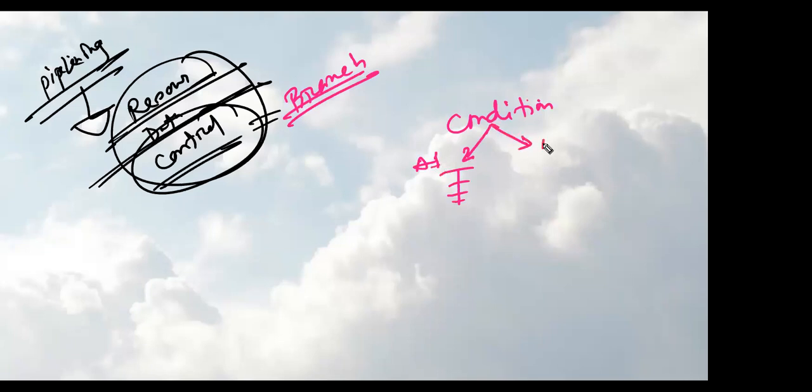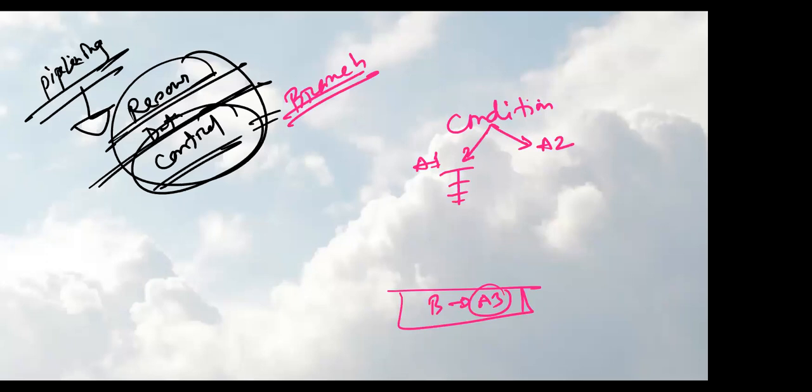If it is false, it will follow another address 2. Or it could be any kind of unconditional branch, where it could branch to A3, for example. When it is encountered, your processor must follow this address A3 to jump over there.